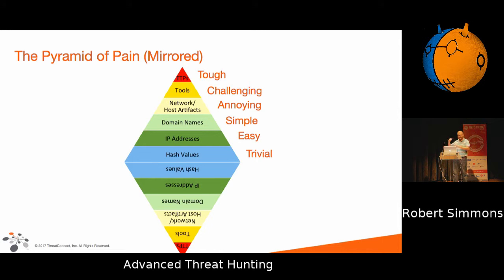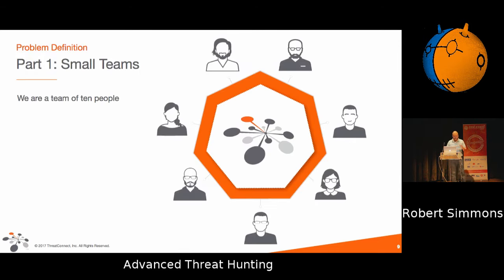So I would say the inverse of a TTP up there at tough is developing an effective process down at the bottom. So I want to define the problem that I'm solving or attempting to solve.